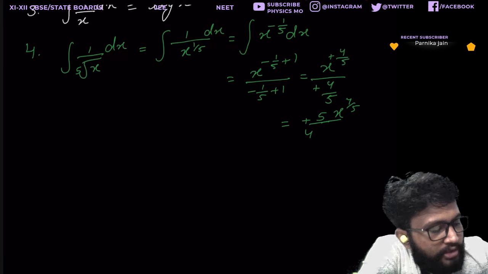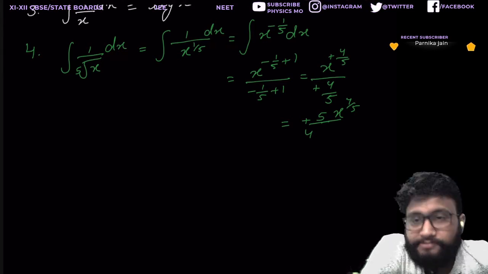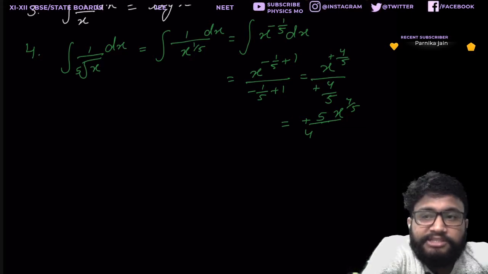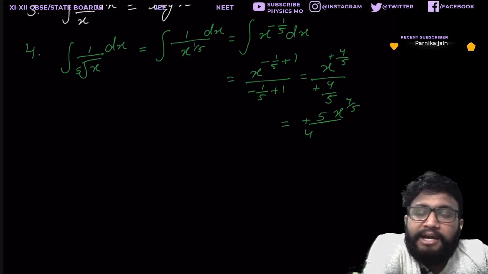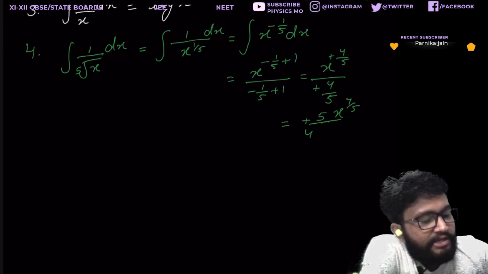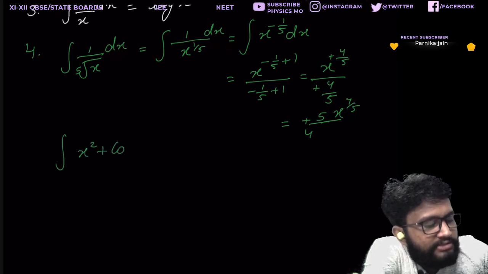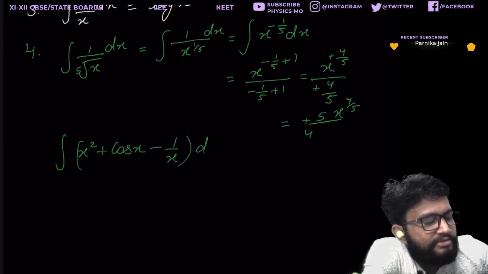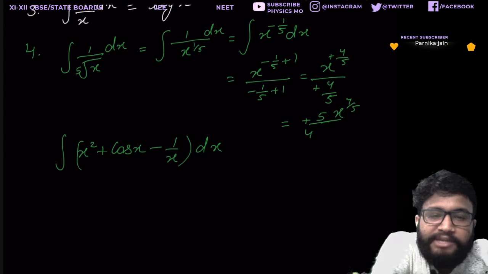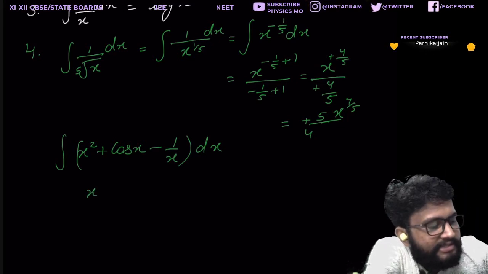There is a rule that you can integrate functions if they are in different terms. This is similar to differentiation, where if there are different terms you can differentiate them separately. Like if you are given integration of x square plus cos x minus 1/x, dx, you can integrate them separately. You can integrate the first as x raised to power 2 plus 1 upon 2 plus 1.